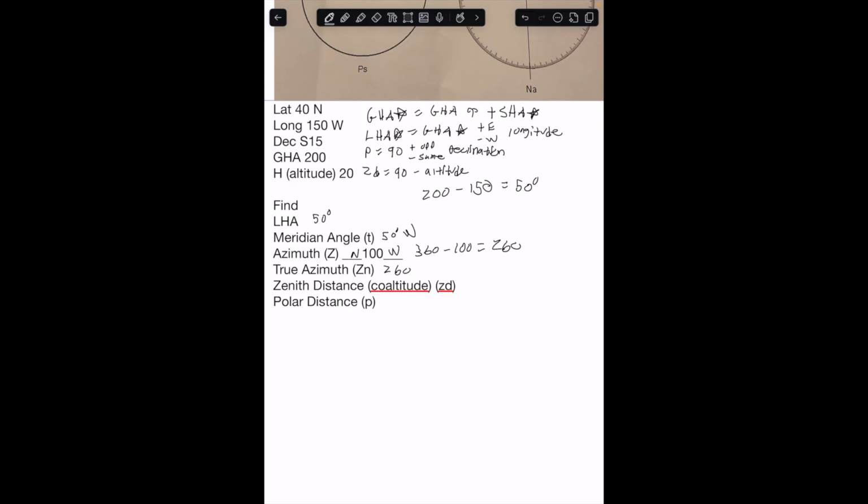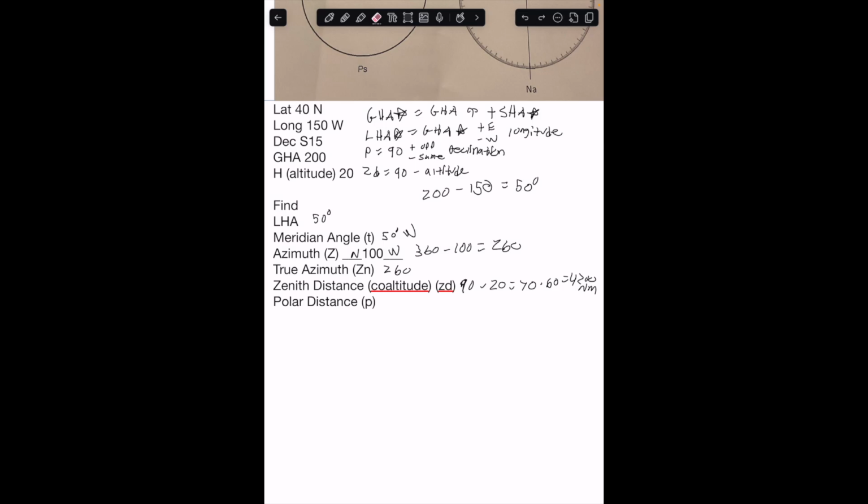Zenith distance. Zenith distance is 90 minus our altitude, and our altitude's 20, so 90 minus 20 is 70. But zenith distance is a distance after all, and that's 70 degrees, so we have to multiply it by 60. 70 times 60 is 4,200.